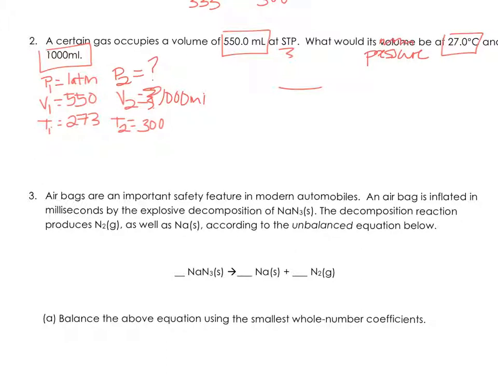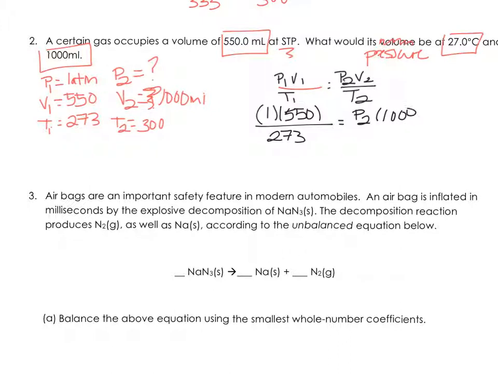Okay. So what we are now going to do is write out our formula. P1 V1 over T1 equals P2 V2 over T2. All right, so now let's plug in. My pressure is 1 atmosphere. The volume that we have written down is 550, and the temp is 273. Pressure is what we're looking for, P2. Our V2 is 1,000, and our T2 is 300.